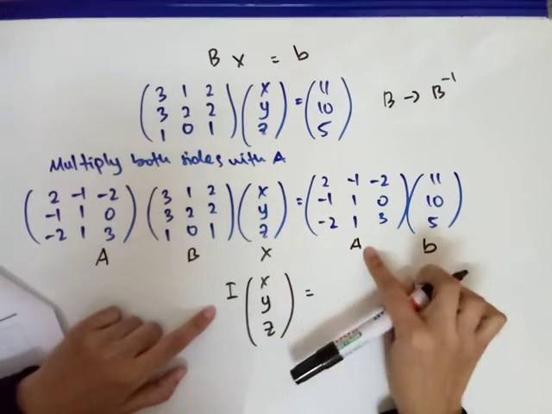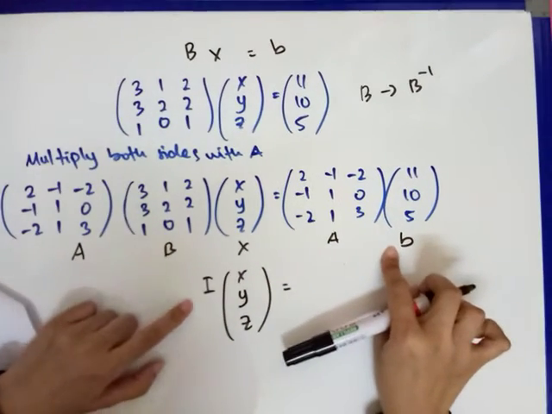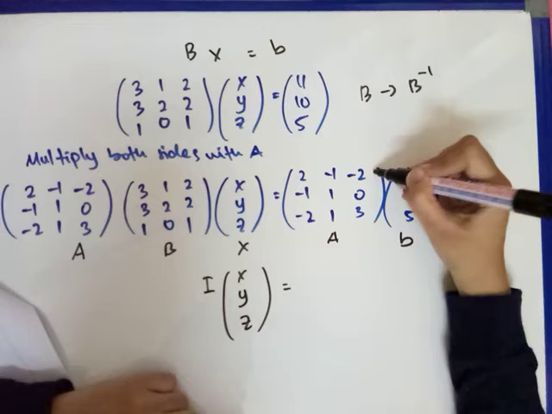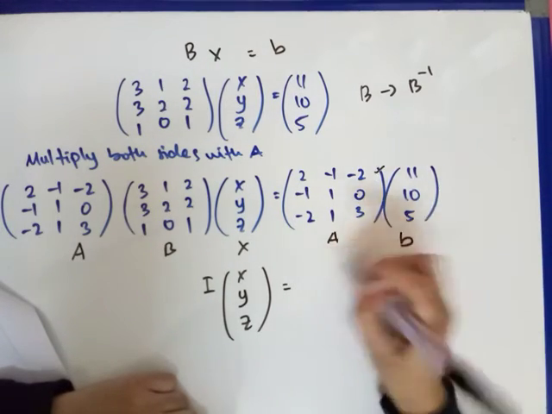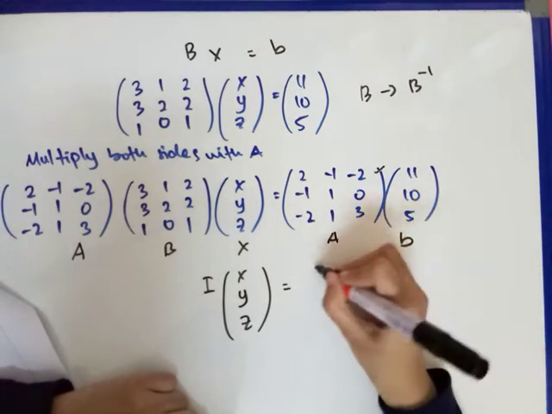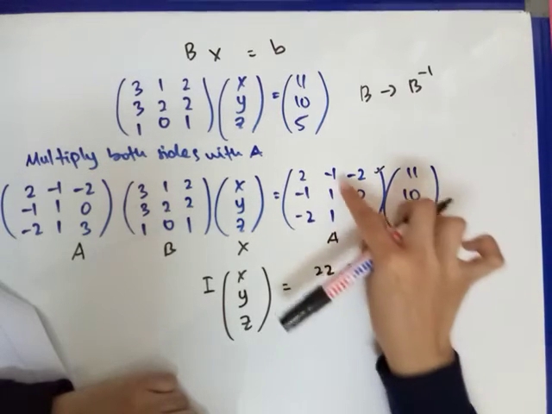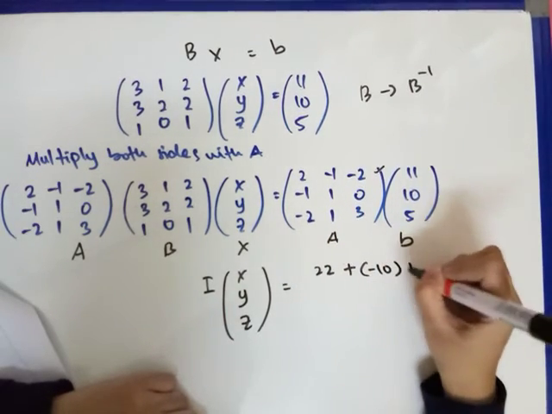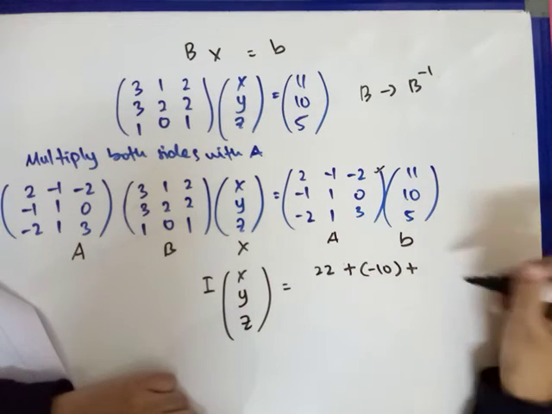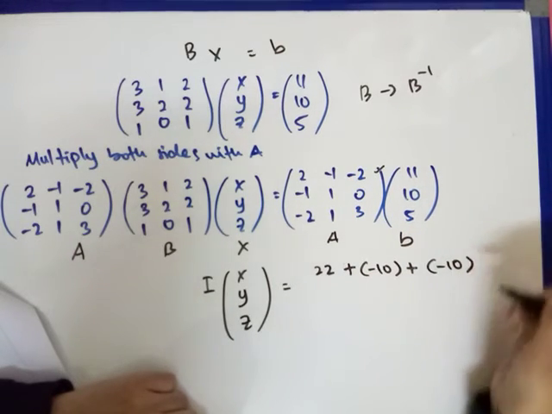And then A multiply with B. For the first row, you need to multiply the first column of matrix B. So 2 times 11, we get 22, plus negative 1 times 10, we get negative 10, plus negative 2 times 5, we get negative 10 also.